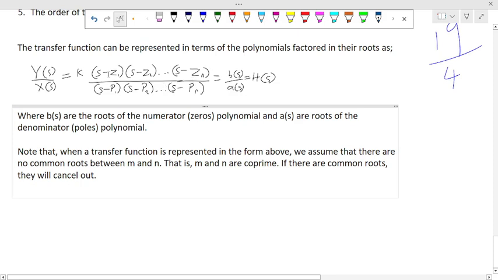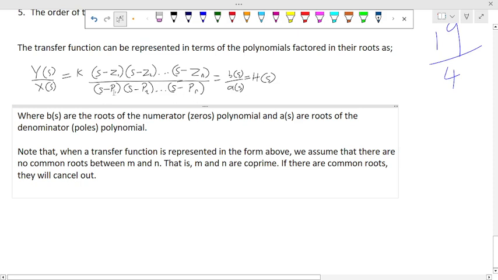All these are just roots. Similarly, for our denominator we have the same pattern: s minus p1, s minus p2, s minus p3, p4, p5, p6, onto the nth, pn.